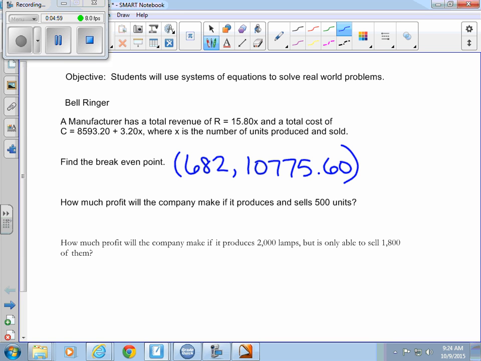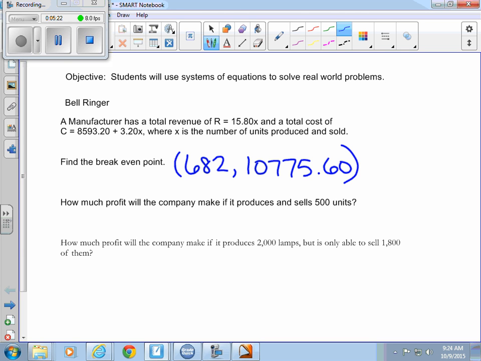That number is a worthless number. I can bring in $1 million in revenue, but if it costs me $1,001 to make the shirts, I didn't make any money, right? So be careful with the word revenue. That's everything they bring in. Profit is a more telling number because it's revenue minus the cost.